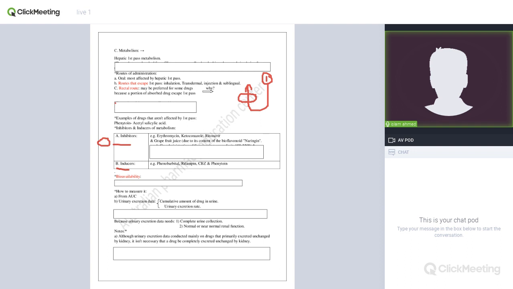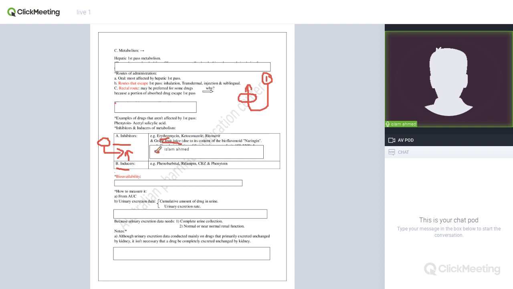Those medications inhibit the action of the metabolism, which in turn increases the duration of action because the amount of drug metabolized decreases. Examples are erythromycin, ketoconazole, and also grapefruit.